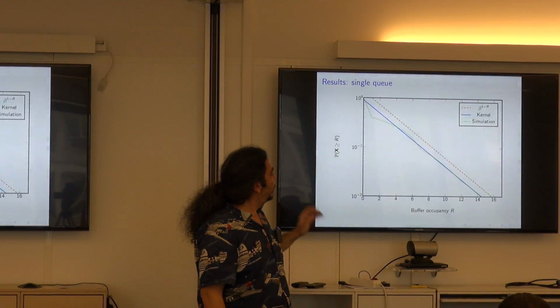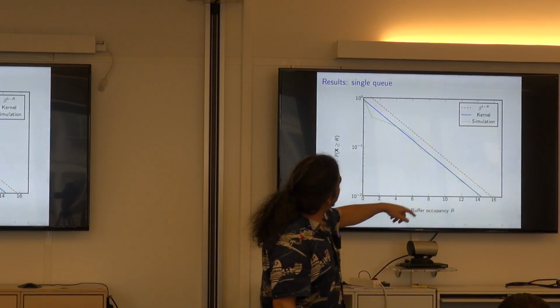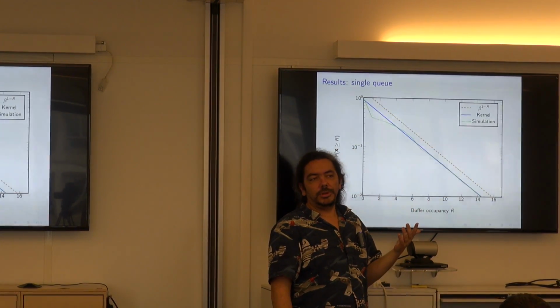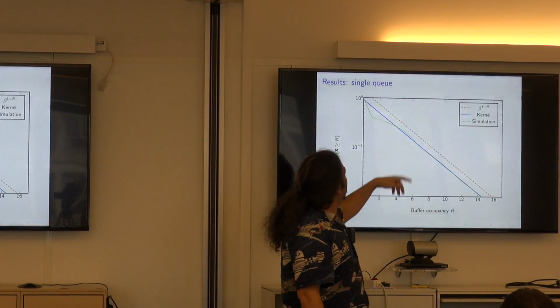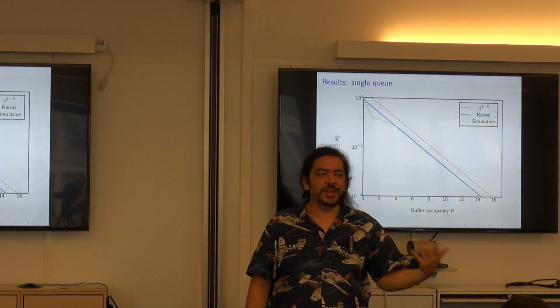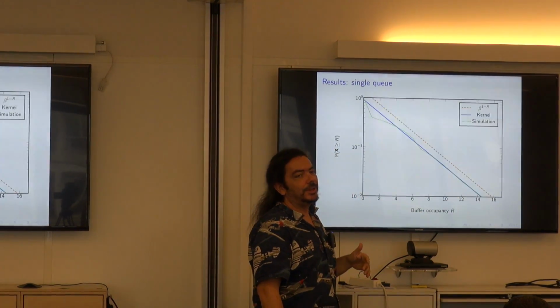So if you just have A, one single queue, this is what you observe. This is just the slope given by beta, which is very simple to compute. This is what you get from the Kernel formula. And this is the actual distribution.